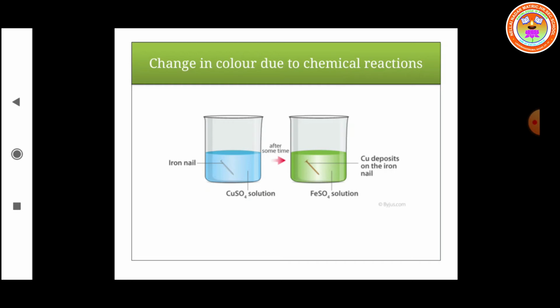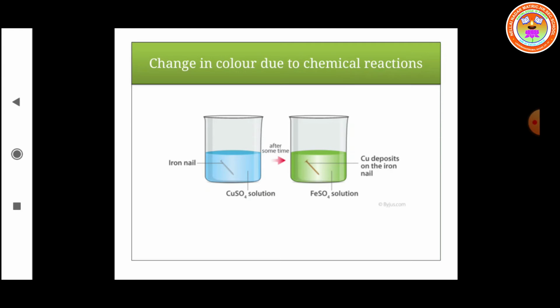Okay, children? So the color of the solution changes. Why? Because iron is more reactive than copper. Iron is more reactive than copper. The iron present in the iron nail displaces copper present in copper sulfate solution. As a result, the copper from copper sulfate solution deposits over the iron nail, and the iron from the iron nail gets into the solution and is present as a ferrous sulfate solution, which is green in color.